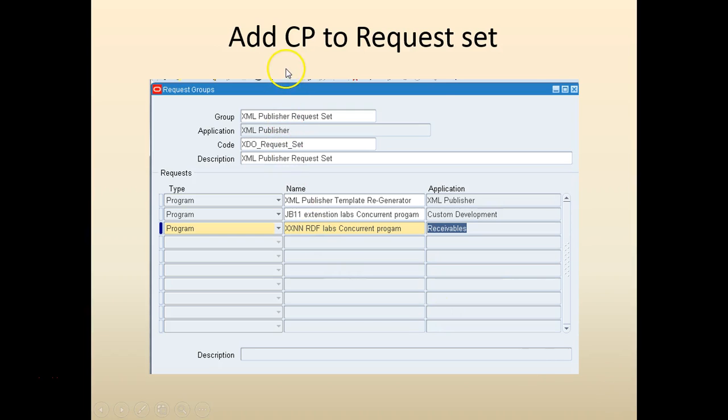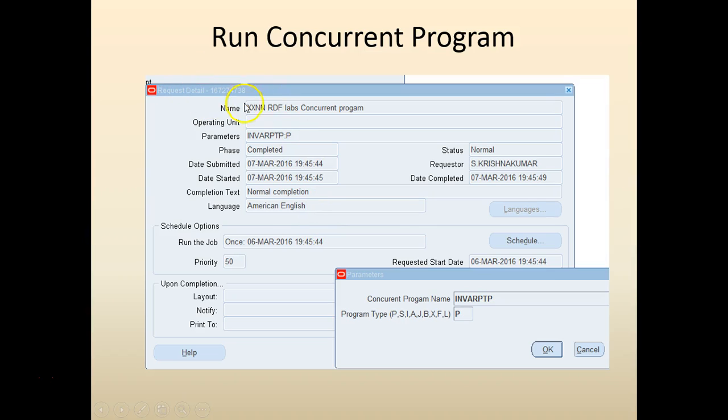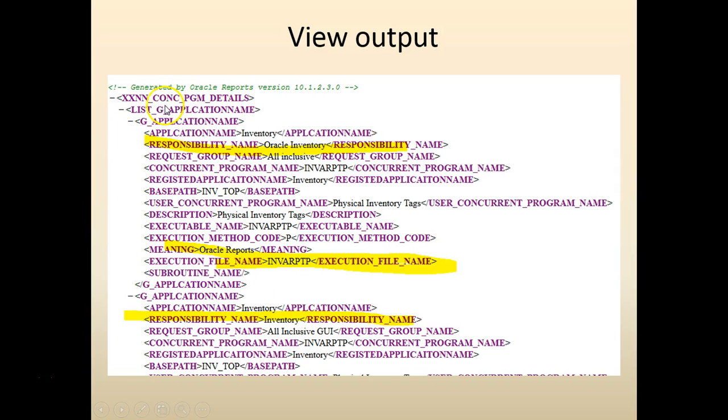So now we will add the concurrent program to the request set. Once you do that, you switch to that responsibility and run the program. So you're going to view submit request, pass these parameters, click OK, and you run the report. You will get an output something like this.